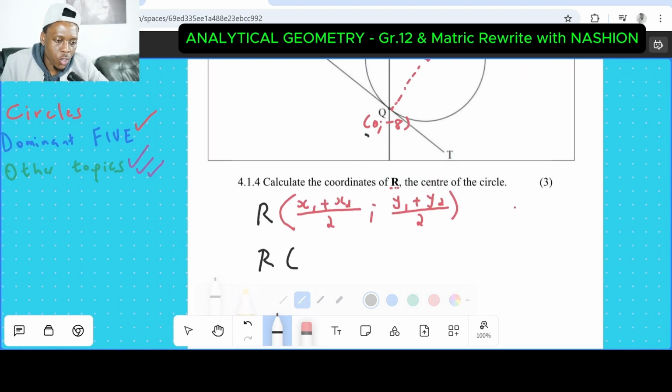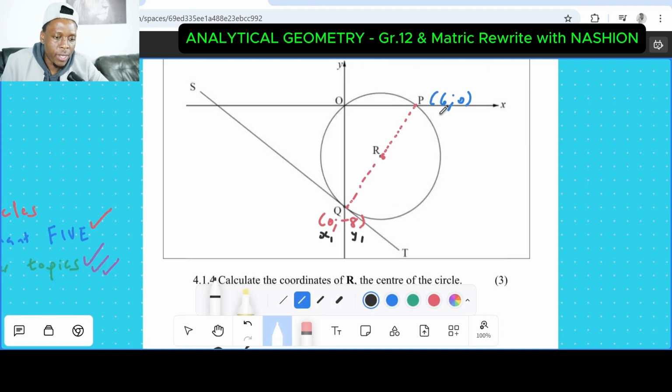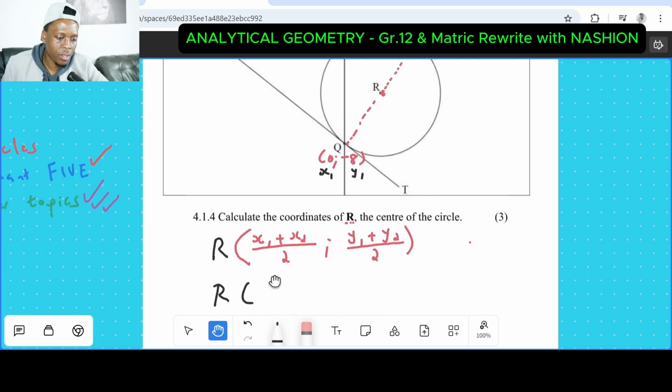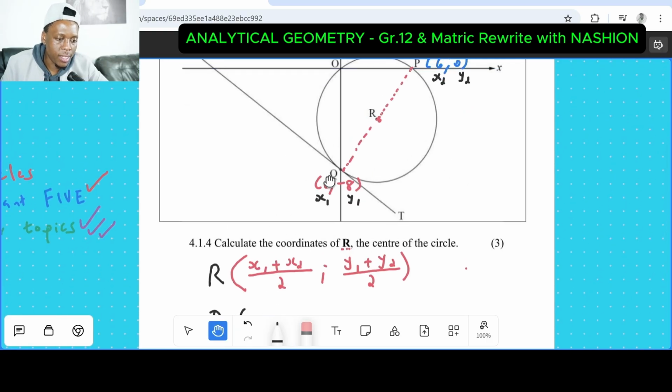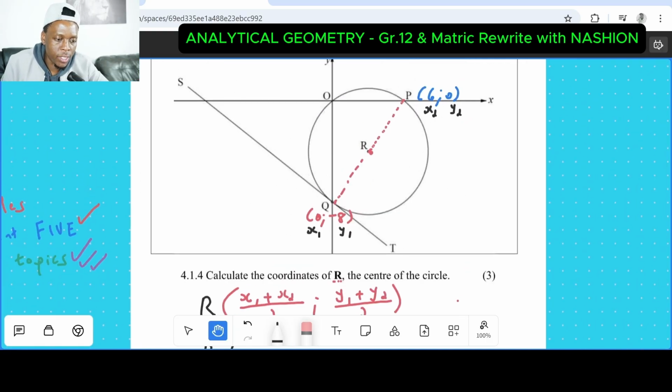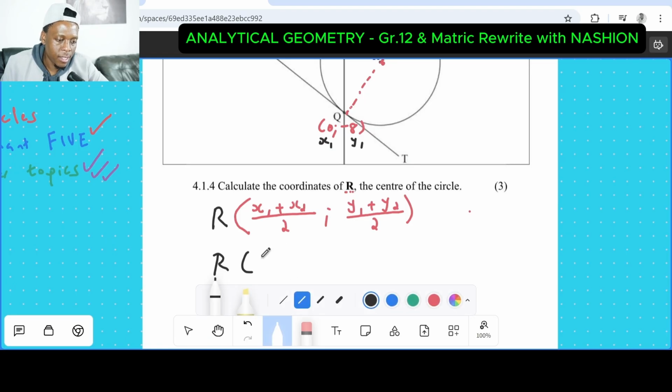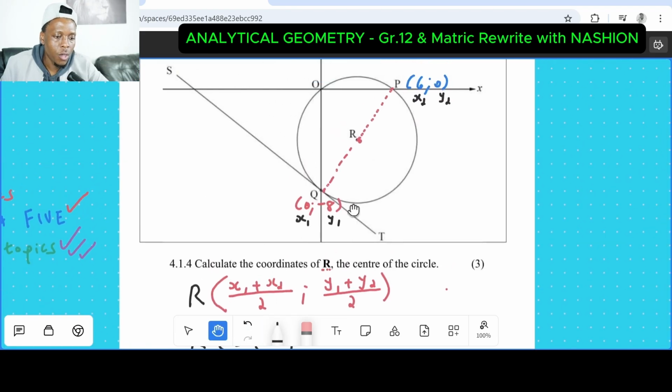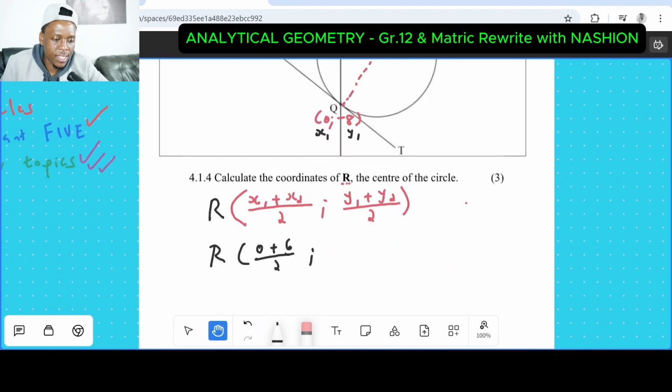And in this case, the midpoint is R, the center of the circle. Point Q, let's call it x1, y1. Point P, let's call it x2, y2. So x1 is 0, x2 is 6. 0 plus 6/2 is 3. Y1 is -8 and y2 is 0.